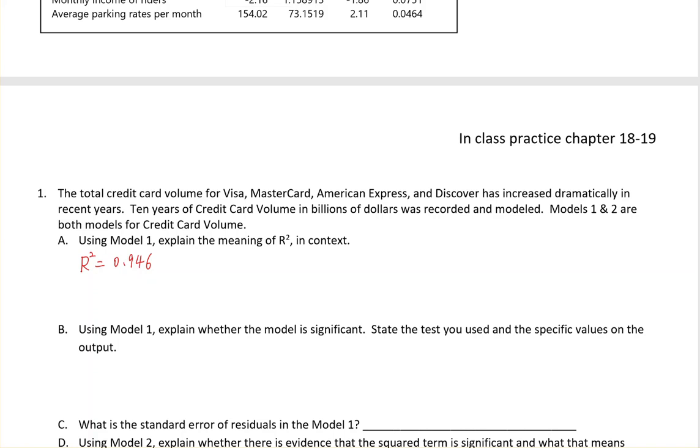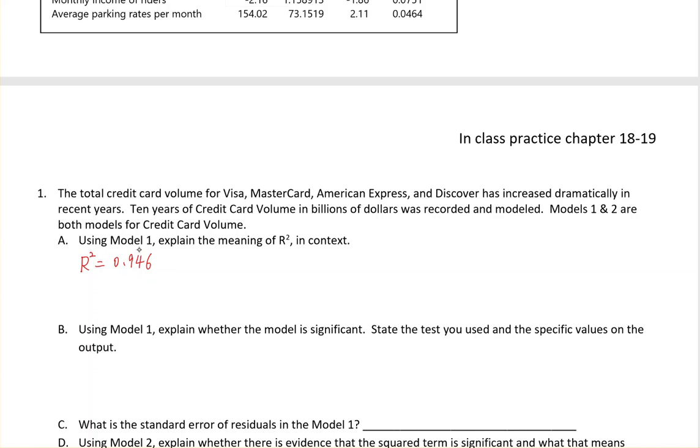So here, when you make the detailed interpretation, you need to plug in the detailed meaning for X and Y variables, right? So what is the meaning of R squared in context?